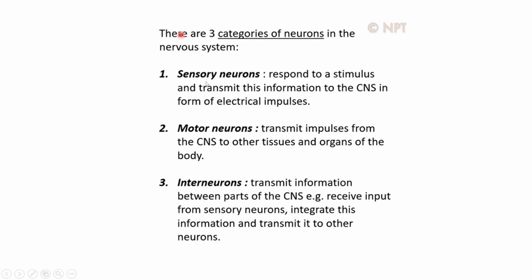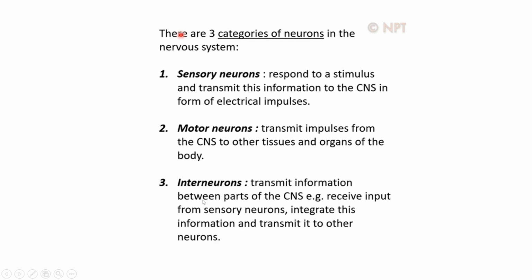There are three main categories of neurons: sensory neurons, motor neurons, and interneurons. Sensory neurons respond to stimuli and transport the information to the central nervous system. Motor neurons collect information from the central nervous system and transmit it to the other organs.